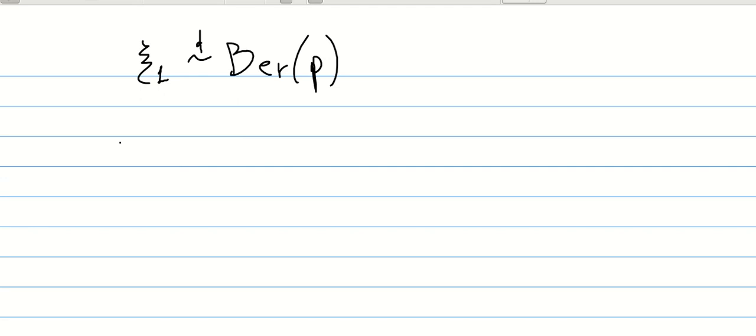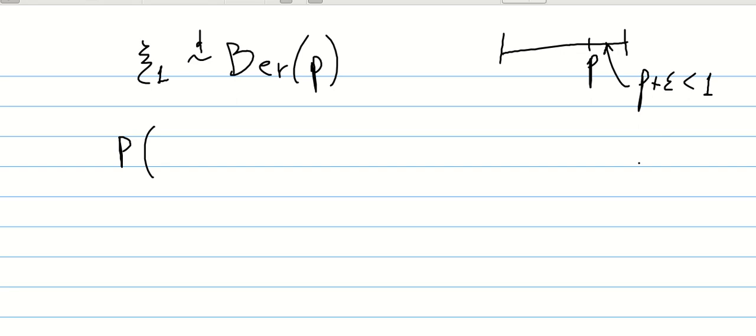And let's recall that p is between 0 and 1. Let's put here some small epsilon such that p plus epsilon is still smaller than 1.